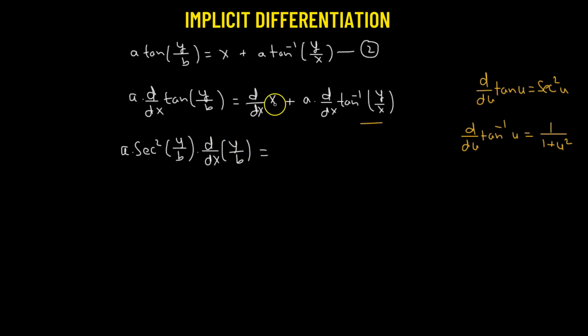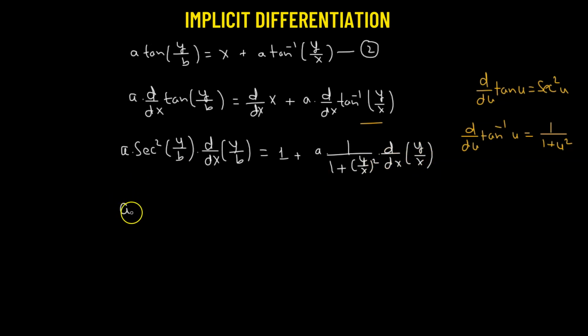So this will equal the derivative of x with respect to x, which is 1, plus a times the derivative of the inverse tangent function, which will be 1 divided by 1 plus y over x whole squared. This will get multiplied to the derivative with respect to x of y over x, obtained as a consequence of the chain rule.